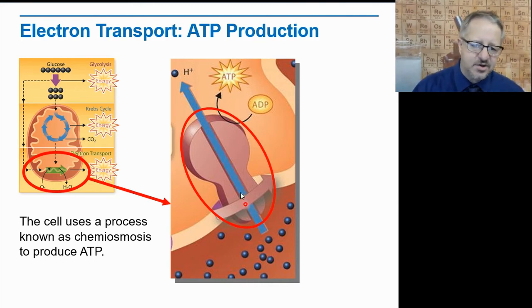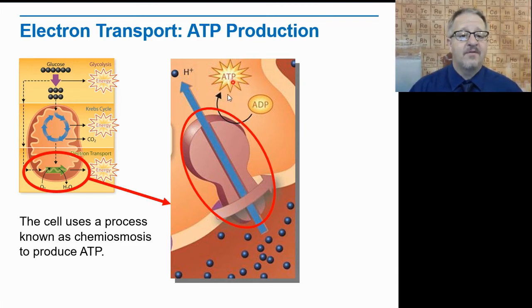They're going to basically zoom up through that ATP synthase. That kinetic energy is going to cause a mechanism inside the ATP synthase to spin, providing energy to attach a phosphate group to the end of this ADP, resulting in the generation of ATP. Now, this is going to happen a bunch of times as all of these hydrogen ions keep moving across. More and more ATP is going to be generated.